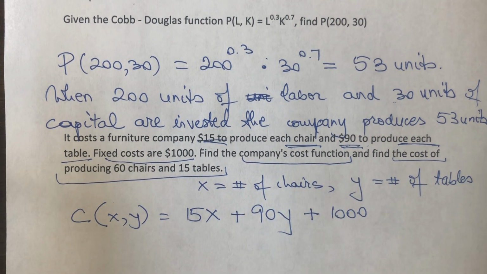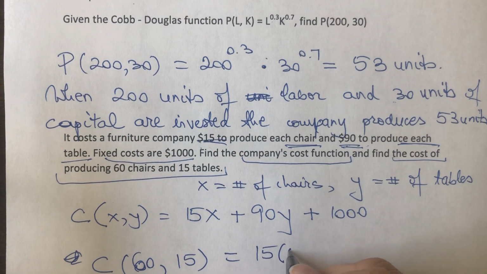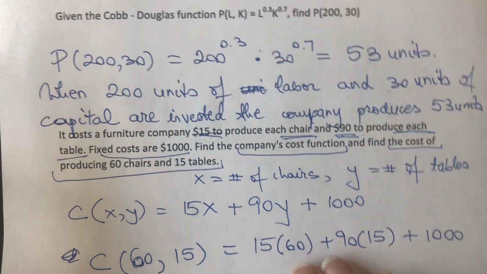Yes, it's just adding it on, so no big deal. So now, what would be the cost of producing 60 chairs and 15 tables? Simply means to plug in 60 and 15. Don't forget the 1,000, yes, for the fixed cost.